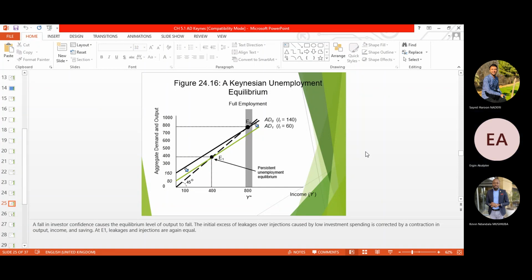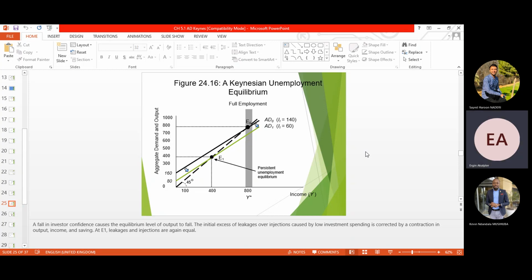The green line indicates this reduction in the economy, and this vertical gray line represents the unemployment rate in the economy. It is, of course, expected to be full employment, but as a result of this reduction, some unemployment is realized.